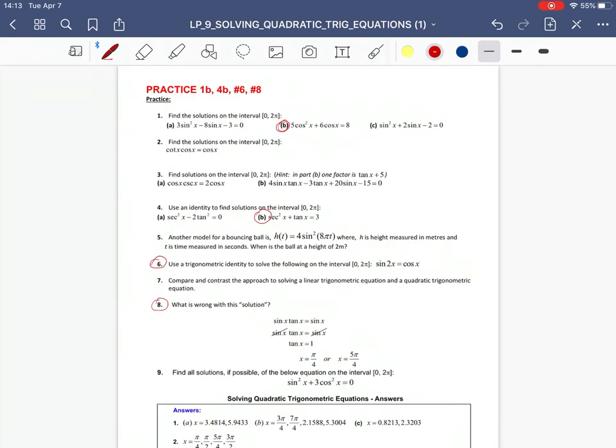And then you still have another worksheet that I am posting online. So please complete the questions as indicated there. I would suggest that you do every other question. I gave you more details in our Google Classroom posting.